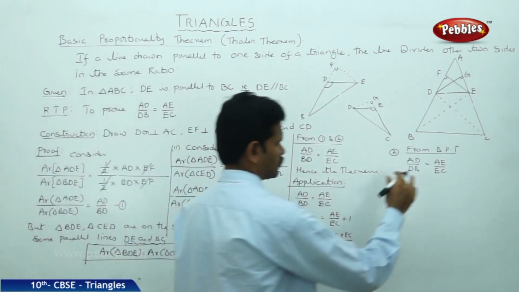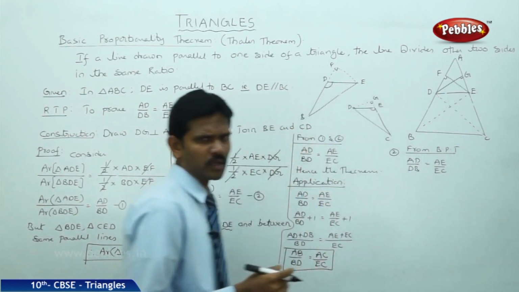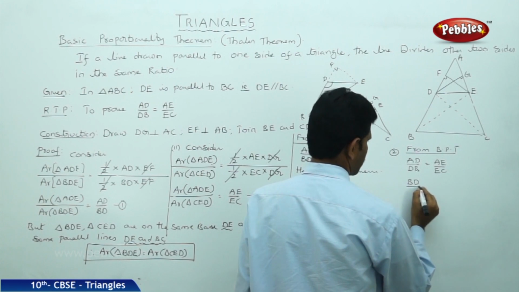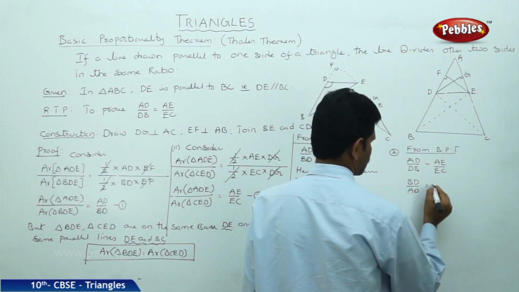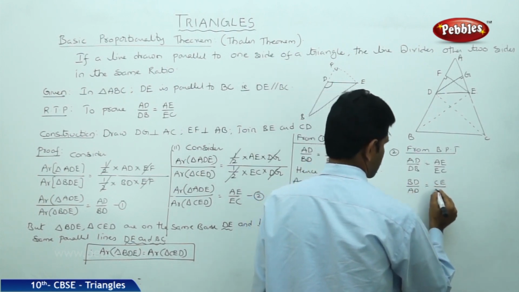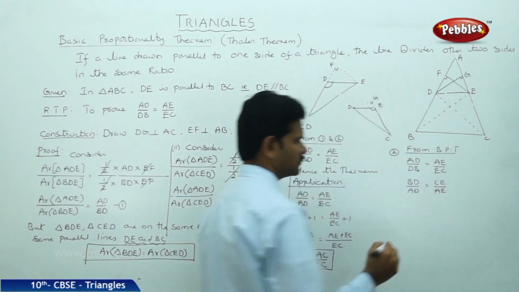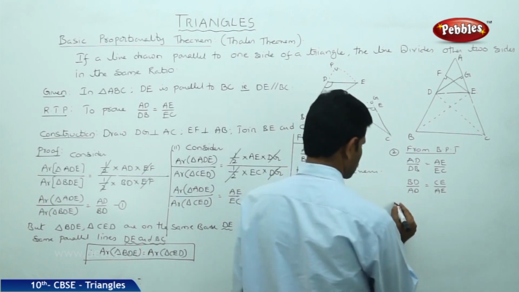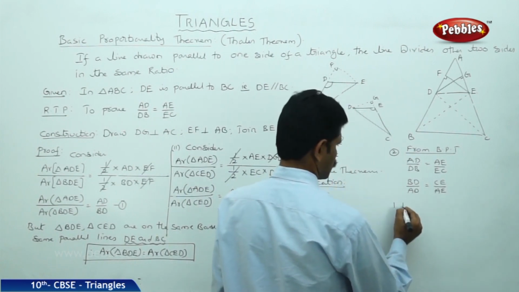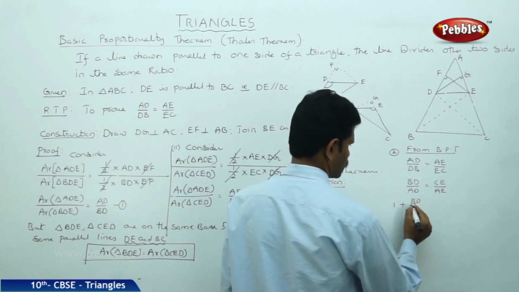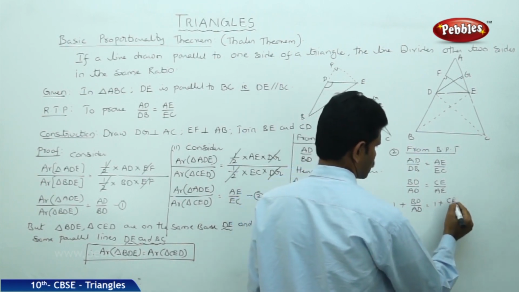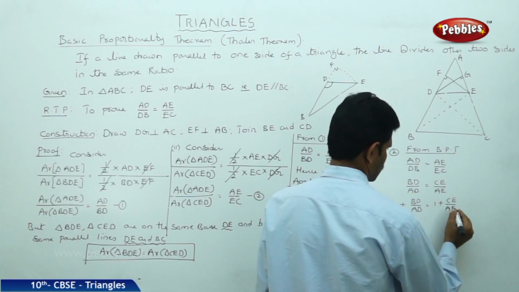Please make the reciprocal of this, which becomes BD by AD is equal to CE by AE. Now, adding 1 to both sides, 1 plus BD by AD is equal to 1 plus CE by AE.